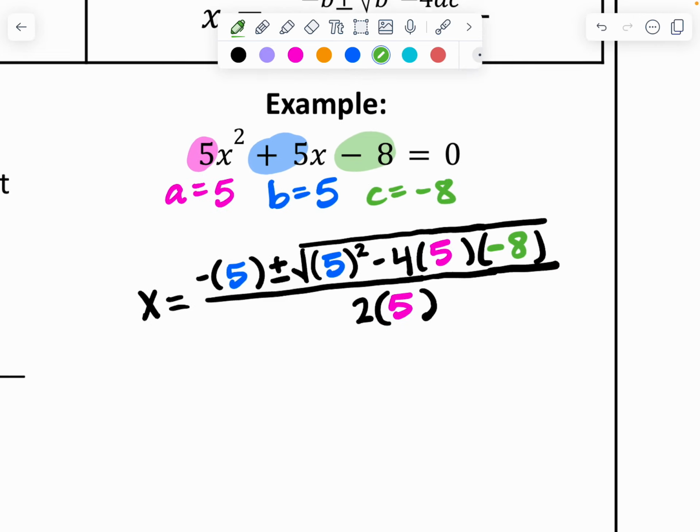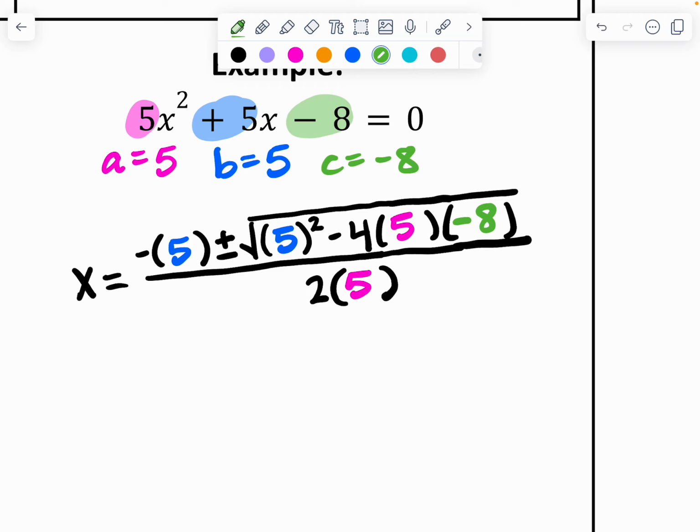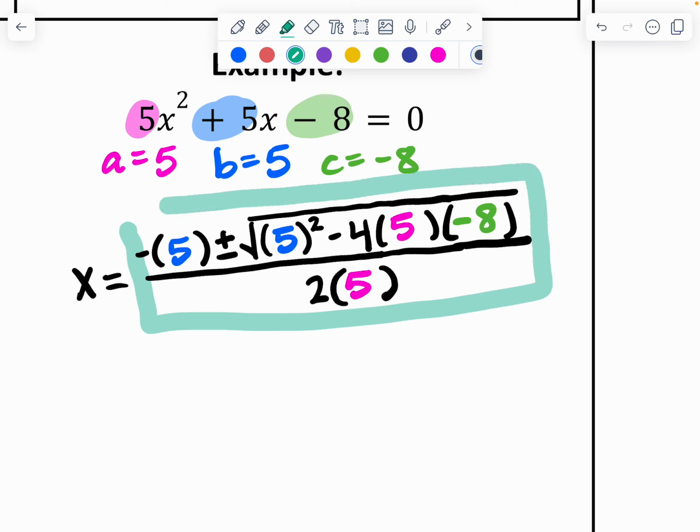So now that I've set this up, I'm going to type this part into the calculator exactly the way it looks. The only difference is that I can only use plus or minus, so you have to do it twice. This first time, I'm going to plug it in using the plus sign.